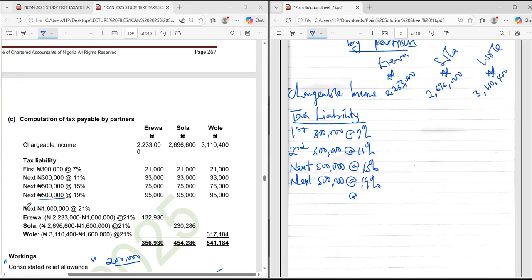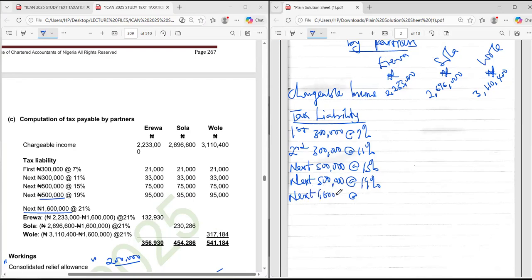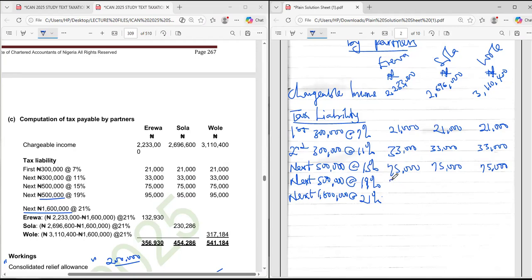Let's try now. 7% of 300,000 is 21,000. 11% of 300,000 is 33,000. 15% of 500,000 is 75,000. 19% of 500,000 is 95,000.